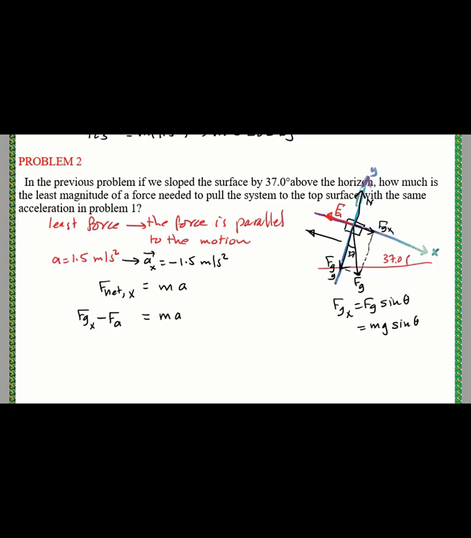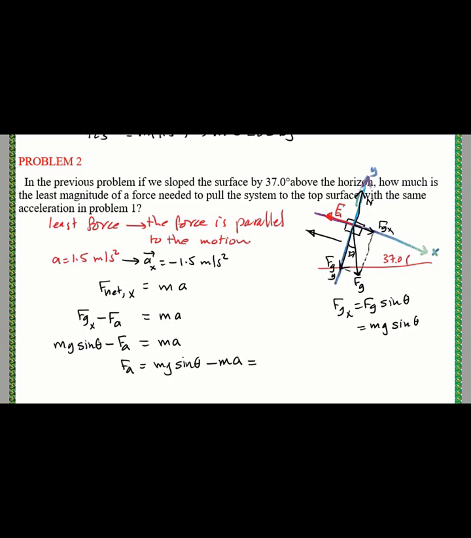So for Fgx, put mg sine theta. Here mg sine theta minus Fa, which is unknown, equals m times a. Then Fa should be equal to mg sine theta minus m times a.